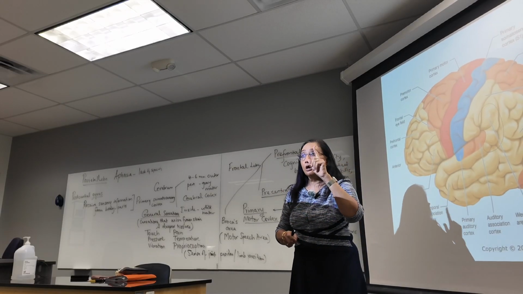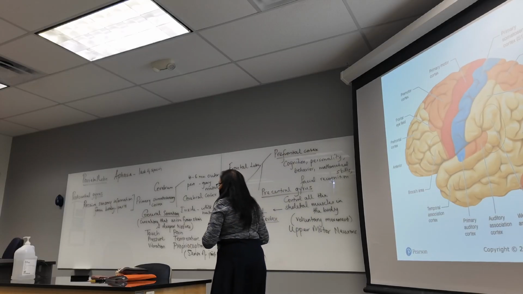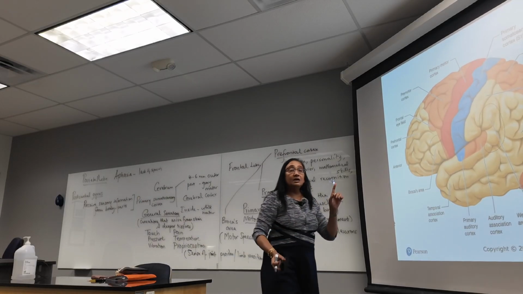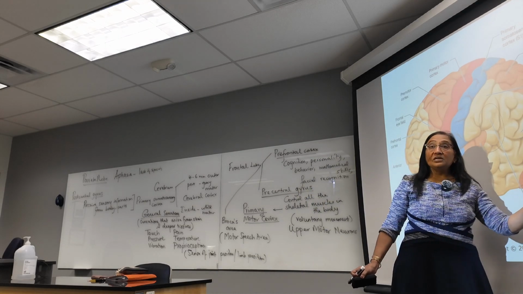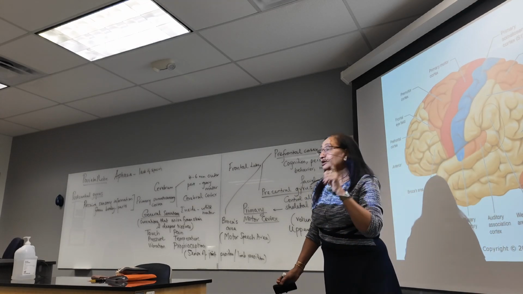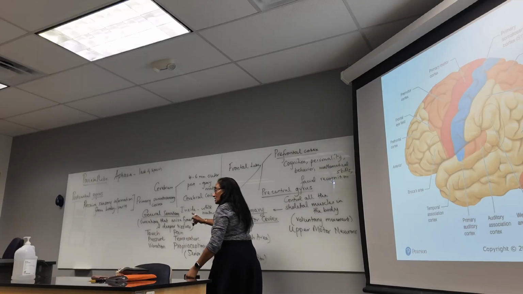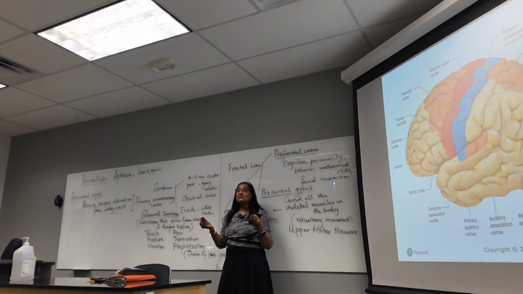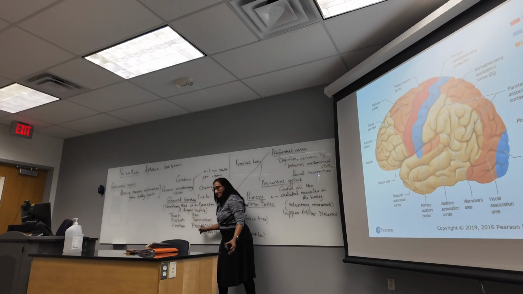Now we come to the occipital lobe. The neurons that are in the occipital lobe receive information from the eyes. So now these are the general sensations. Remember this. If you're asked what are the general sensations, this is the list.